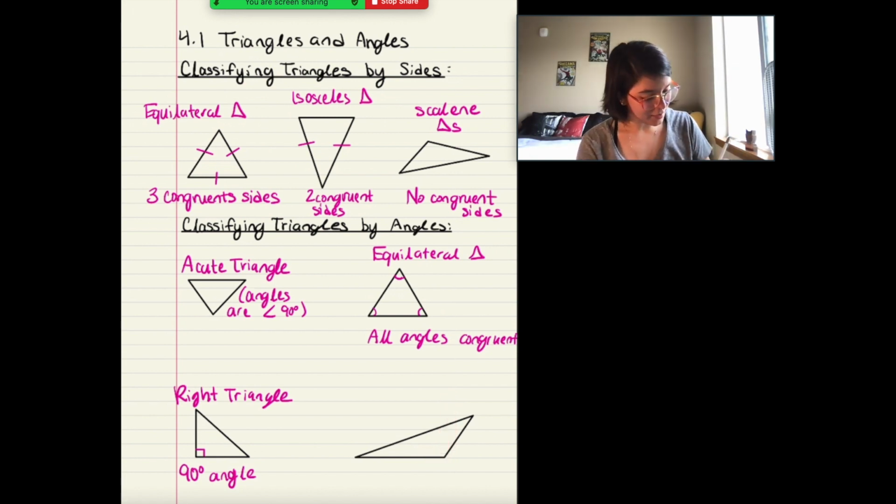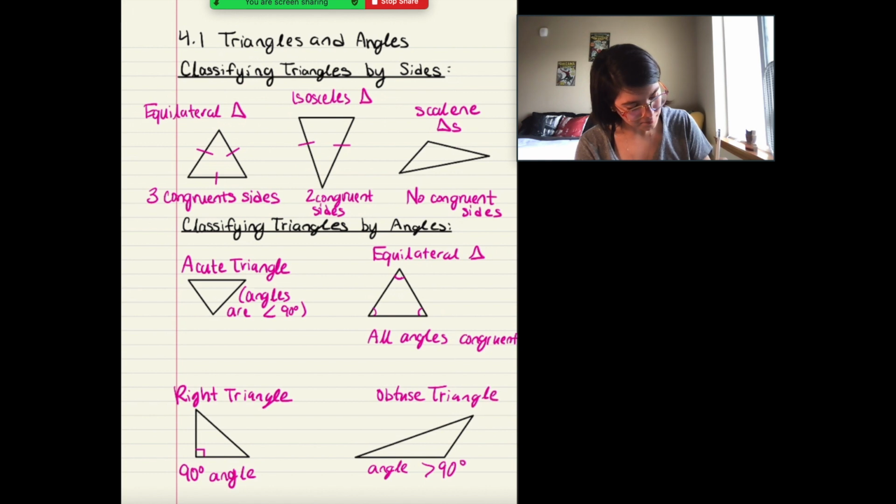So if we have an obtuse angle, which means we have an angle greater than 90 degrees, then we have an obtuse triangle. So that's how we can categorize triangles according to their sides or their angles.